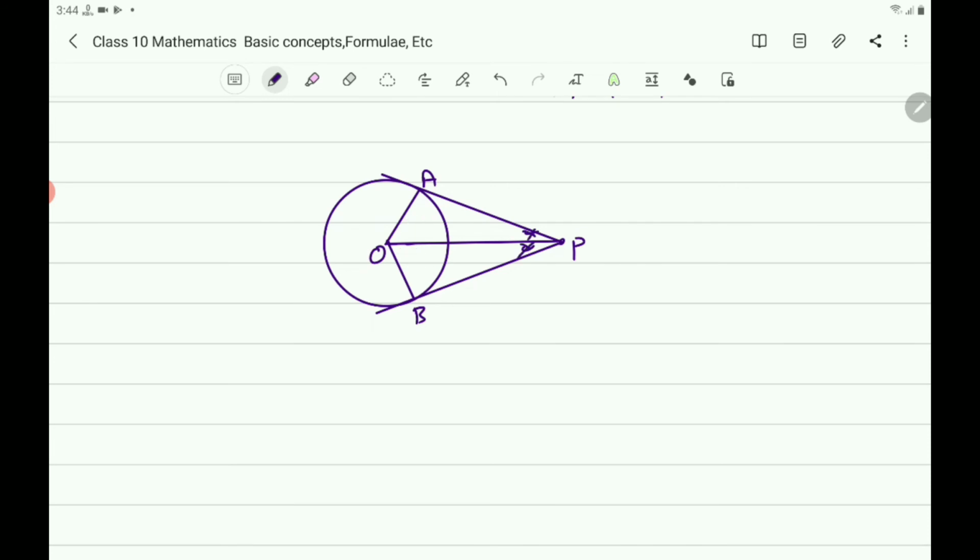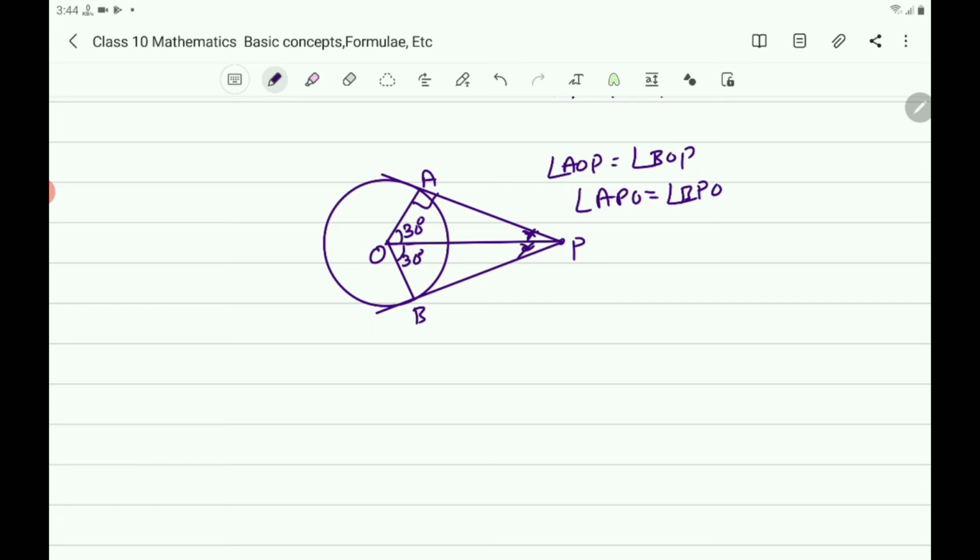Here, the angles at the center and at the external point, made by the line joining the center and the external point, are equal. These two are equal, and also these two are equal. That is, angle AOP equals angle BOP, and also angle APO equals angle BPO. For example, if this is 30, this is also 30.